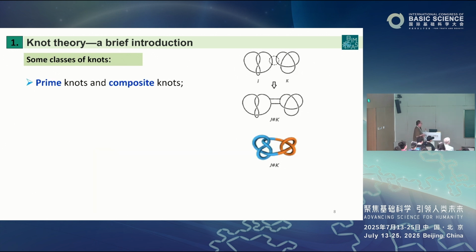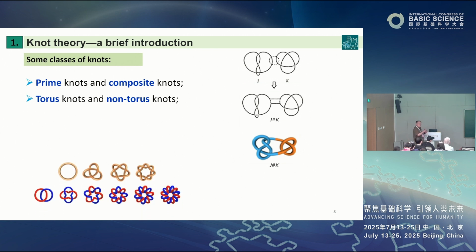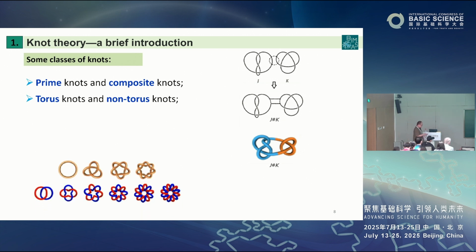Here are some classes of knots. First, prime knots and composite knots. I won't explain the definition here. Torus knots, which can be embedded in a standard unknotted torus in the space.